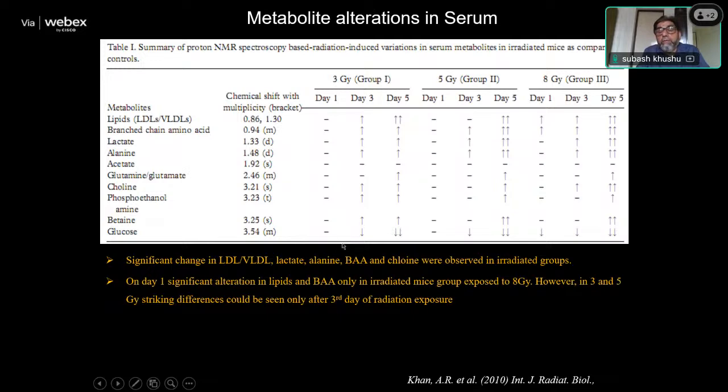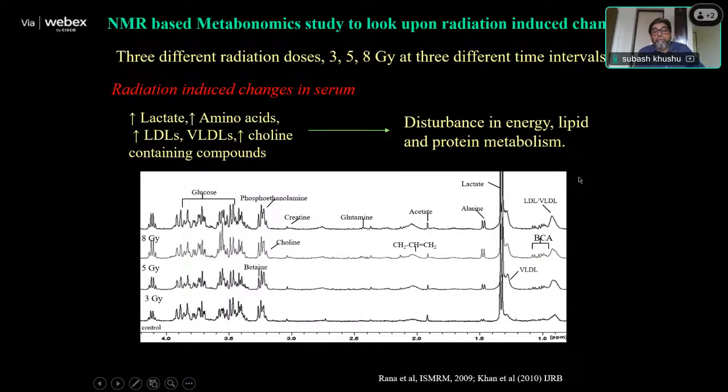That means the major changes are happening in the tissues after the 3rd day of radiation exposure, which is very well visualized here. All the metabolites have increased on day 3 and day 5, and on day 5 the increases are very large.